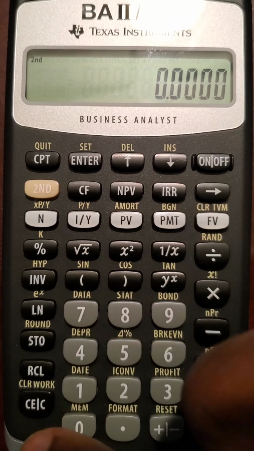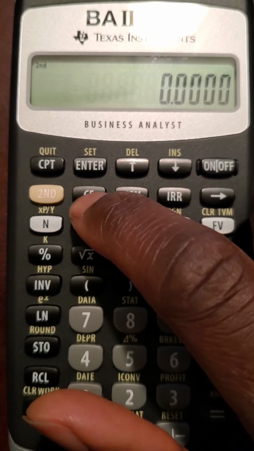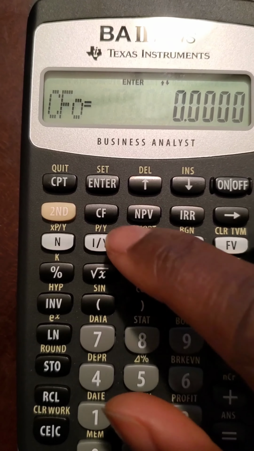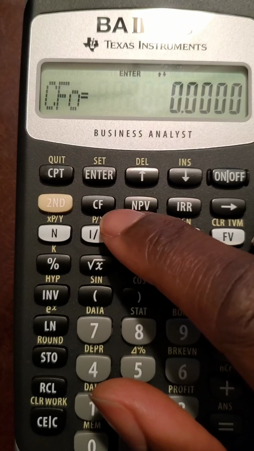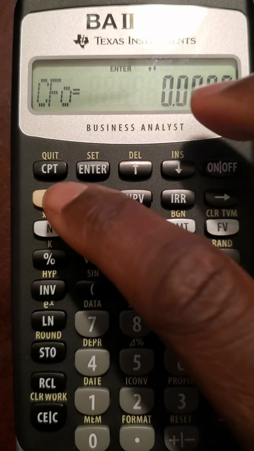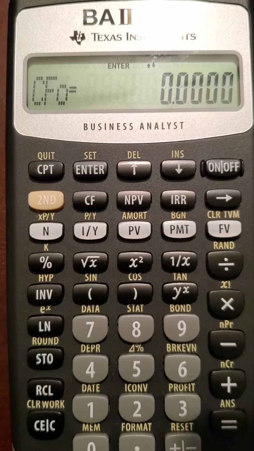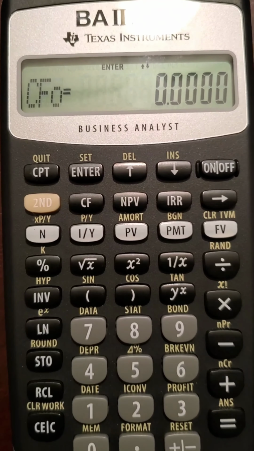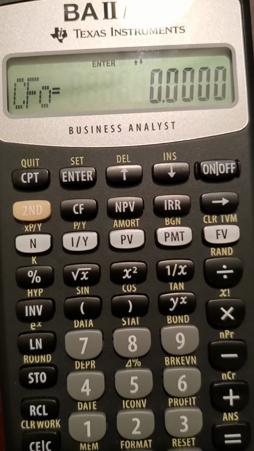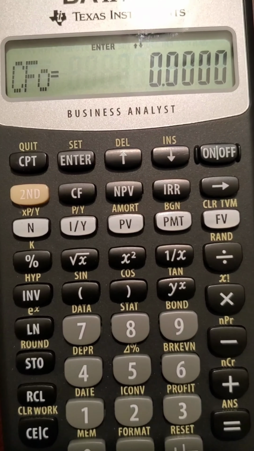First, I'm going to let the calculator know that I'm going to enter a cash flow. When I get to this screen, I want to make sure I clear out any previous work that I've done, so I'm just going to hit second clear. The problem says we're assuming that the cash inflows are going to be recognized at the end of the year.